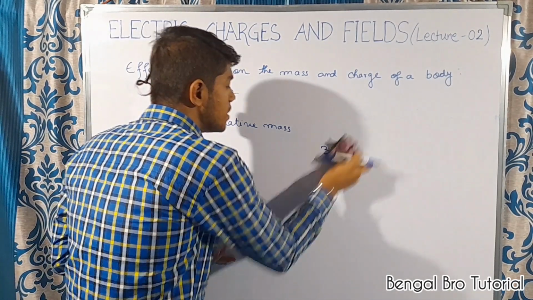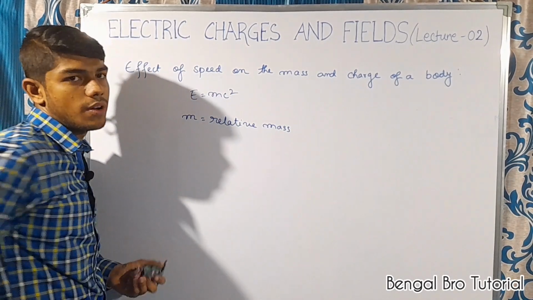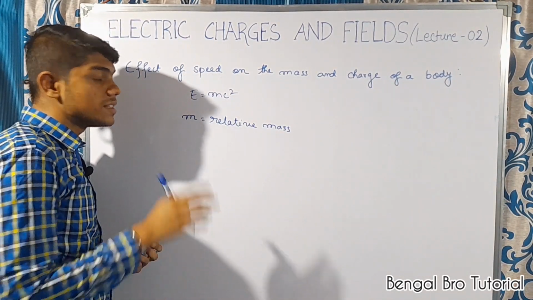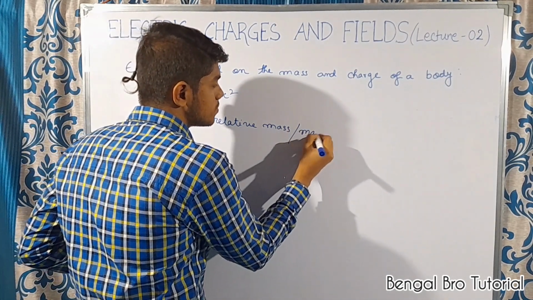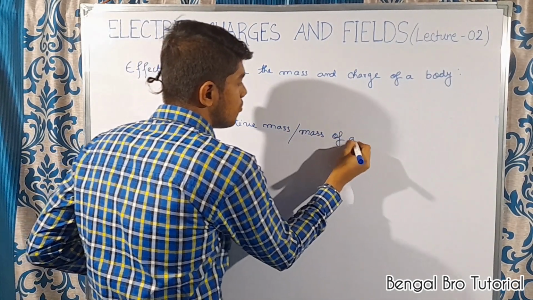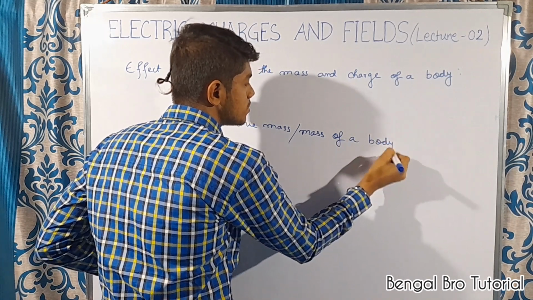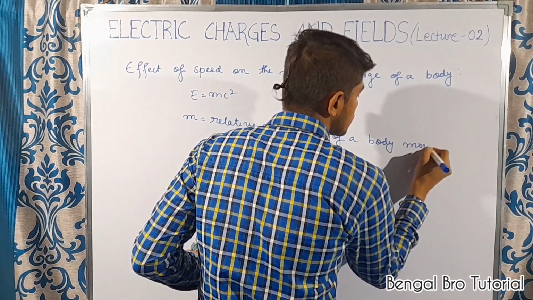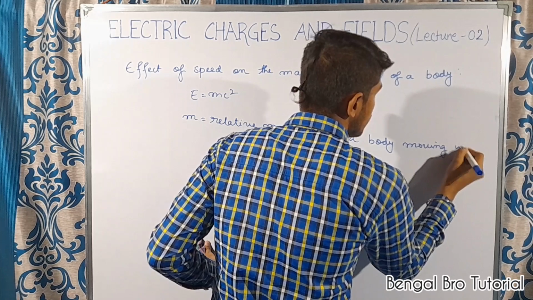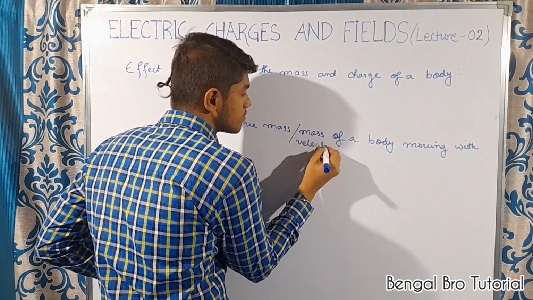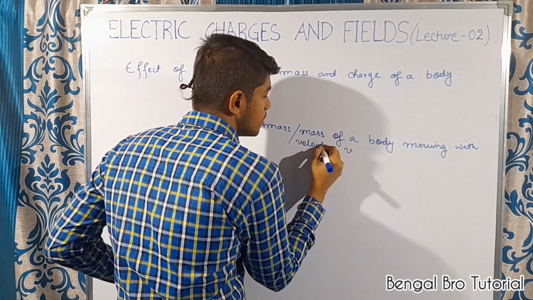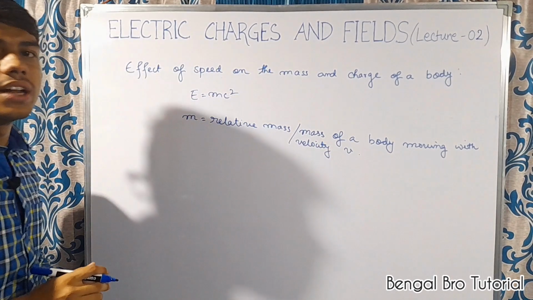Here m is the relative mass of a body, which means it is the mass of a body that is moving with velocity v. Now how can you calculate this relative mass?